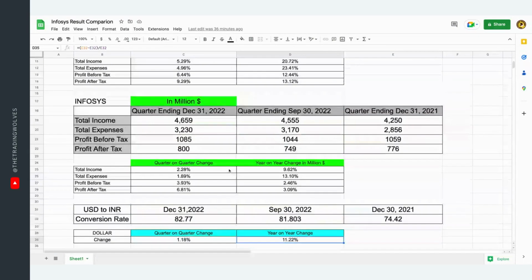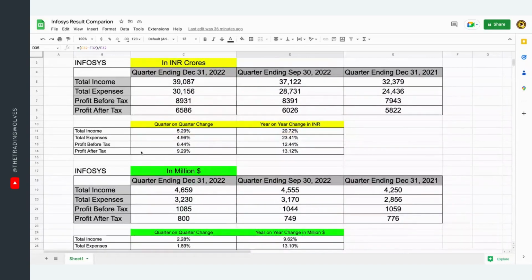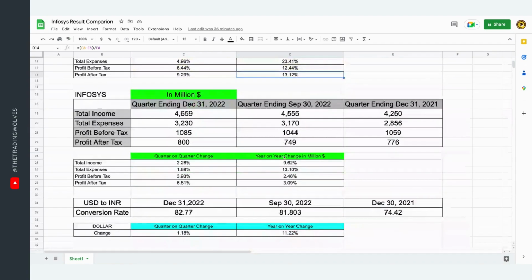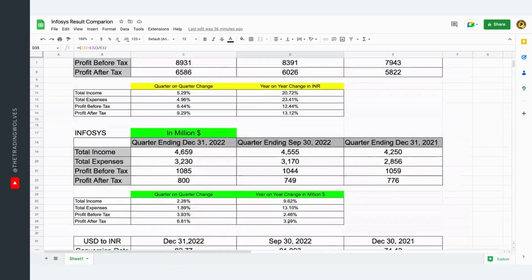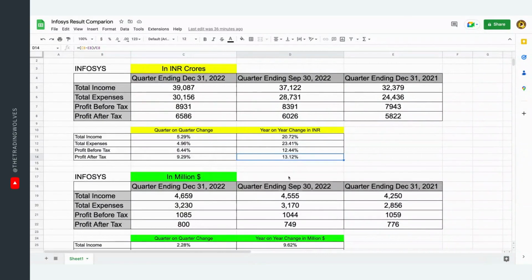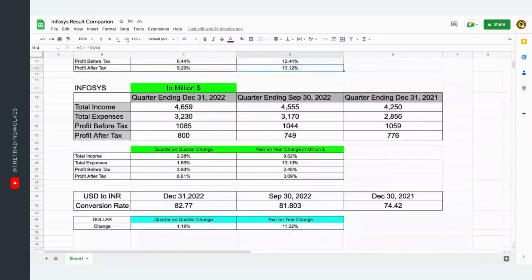So now I want to show you again the picture of profit after tax of Infosys. Quarter on quarter it has increased by 9.29%, and on year basis the growth of Infosys in terms of their profit after tax has been 13%. However, the rupee has slid in comparison to the dollar by 11%. So even though on paper this looks very attractive, that Infosys has had a growth of 13%, the dollar has contributed almost close to 11% in the increase in Indian rupees revenue.